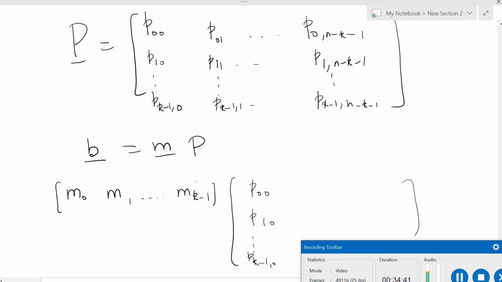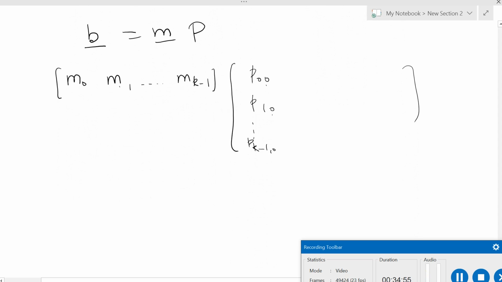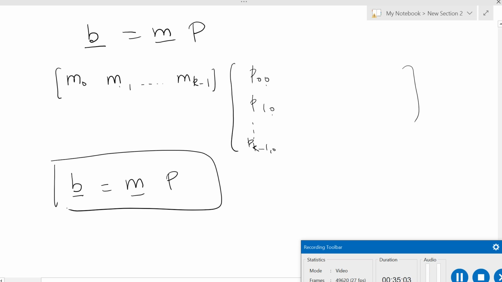So you will see that you have to multiply it with M0 P00, M1 P10, and Mk minus 1 Pk minus 1 0, and you will get the required parity bits. Okay, so B is equal to M times P, right?